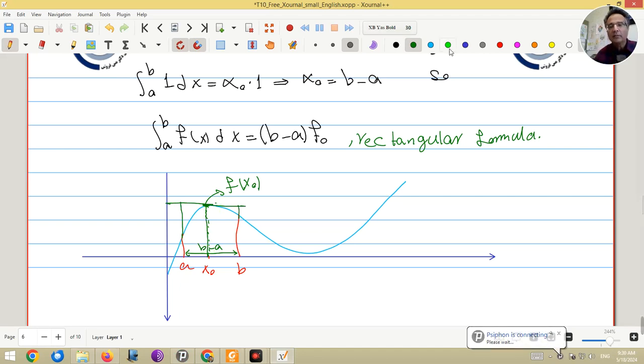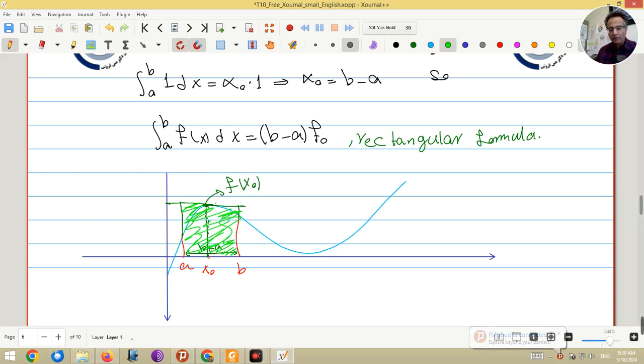Something like this. In fact, you find this area, okay? This area is in fact a rectangle with the length of b minus a and the width f of x0.